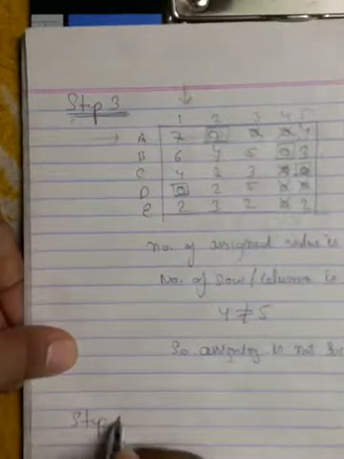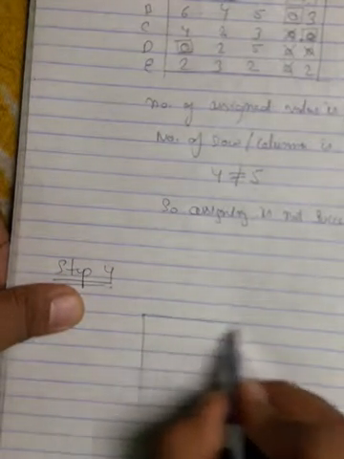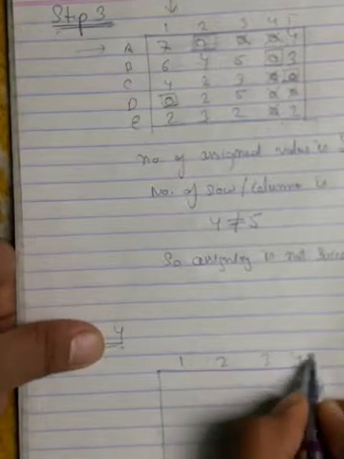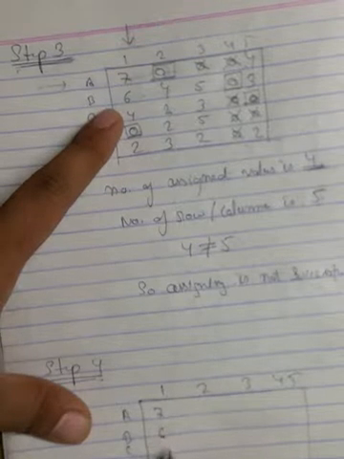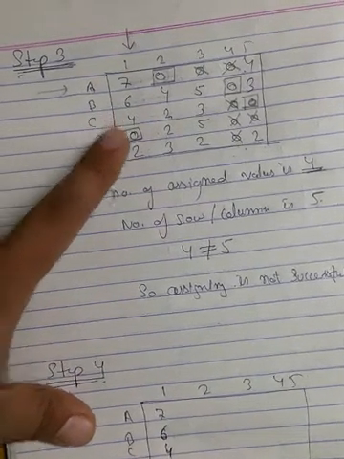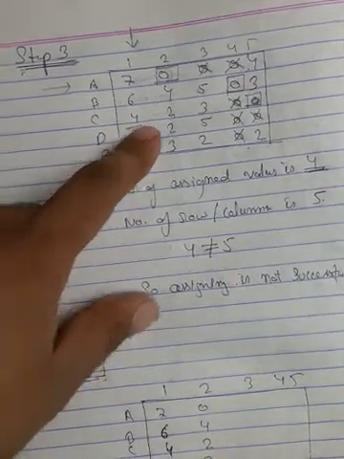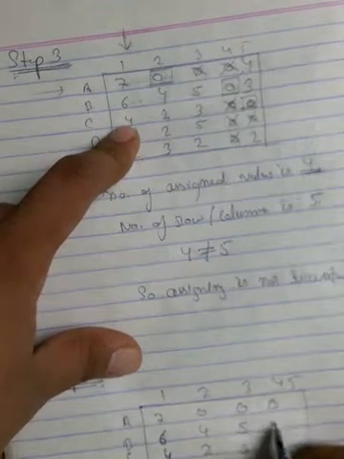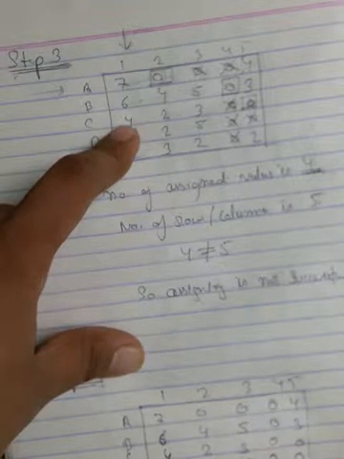So writing in step 4, in the format 1 2 3 4 5, A B C D and E. Writing the matrix as it is: 7 6 4 4 0 2 0 4 2 2 3 0 5 3 5 2 0 0 0 0 0 4 3 0 0 2.